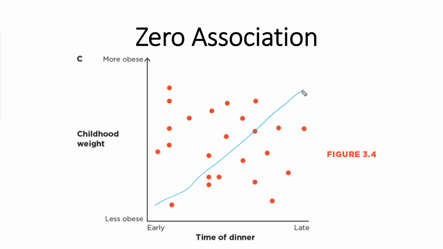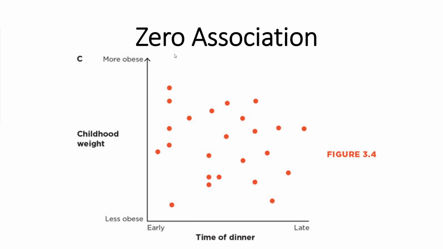That doesn't seem to fit, and this doesn't really seem to fit. Maybe this. None of them seem to be very good. And the reason for that is that there is no association here. So there's no link between these two variables.